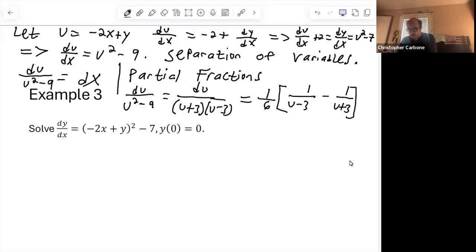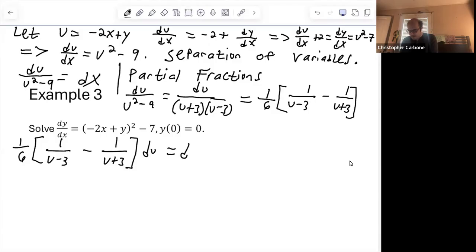So based upon that, we could substitute that back into a separable differential equation. And this is going to make 1/6 times 1 over u minus 3 minus 1 over u plus 3, du is equal to dx, which then means that we could apply our integration.